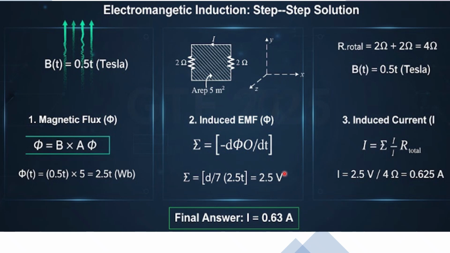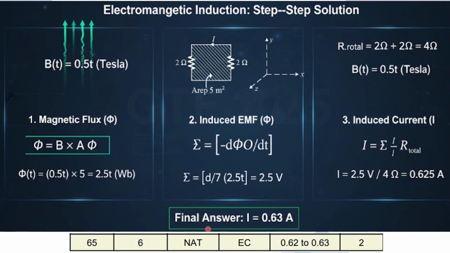This is the voltage which will be induced due to the magnetic flux in this circuit. The voltage is this, and you already know the resistance, that is 2 plus 2, 4. Now finally calculate the current. Current is equal to V by R, that is 2.5 by 4. The answer is 0.625. As per the answer key provided by the IT root key, the answer should lie between 0.62 and 0.63.